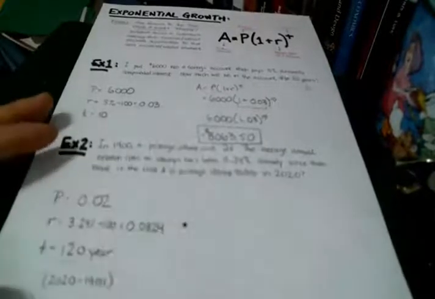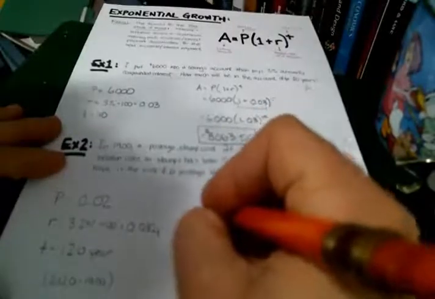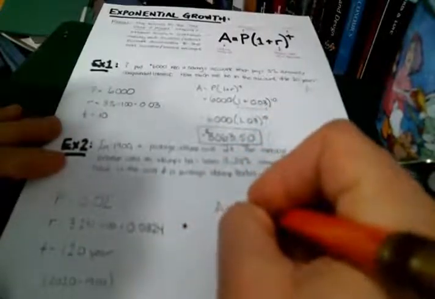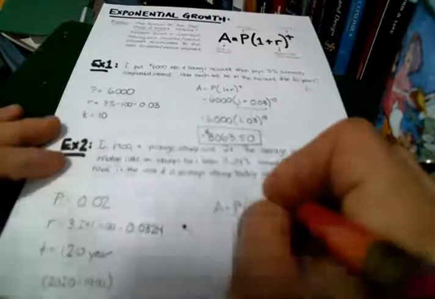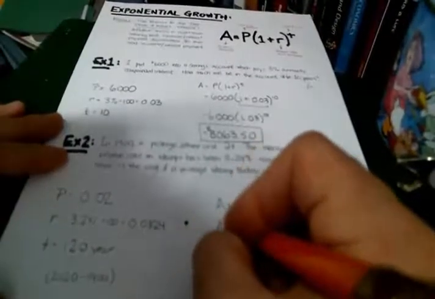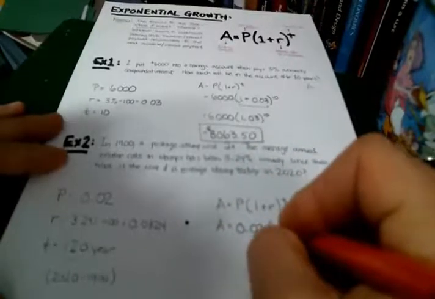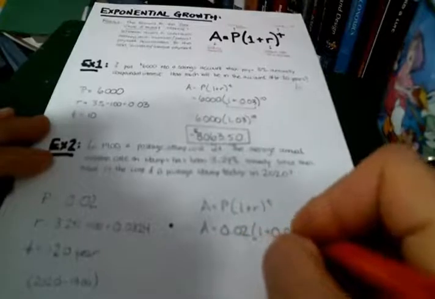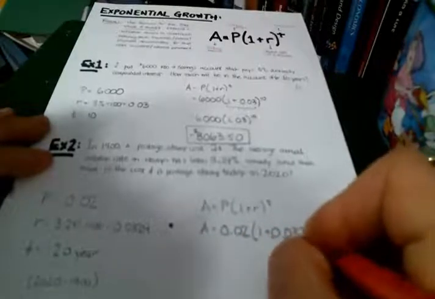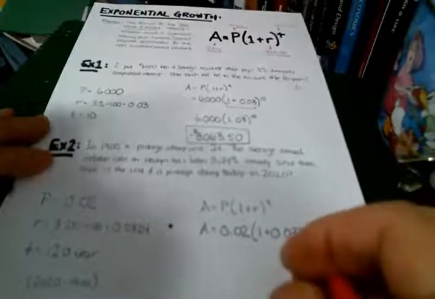All right, either way, guys, we're going to put the equation in just as we have it before. So A equals P(1 plus R) to the exponent T. Okay, looks good. Now the principal this time is going to be 0.02 or 2 cents, the starting price there. 1 plus 0.0324 to the exponent 120.